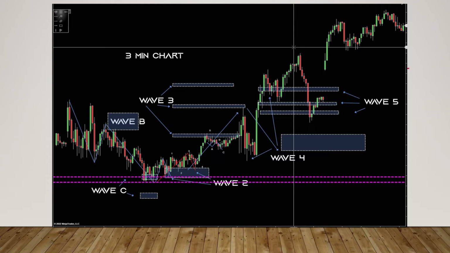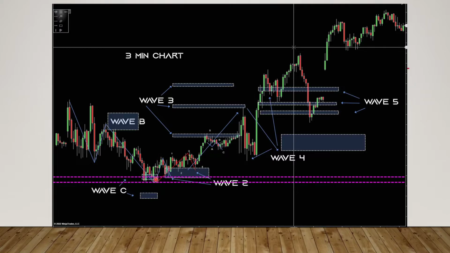And let's look at some real examples. So this is a 3-minute chart. In this chart I noticed that there was an ABC. So this one ended at 61.8% of the previous. It didn't go to the 76. And then here 1 is hard to figure out.